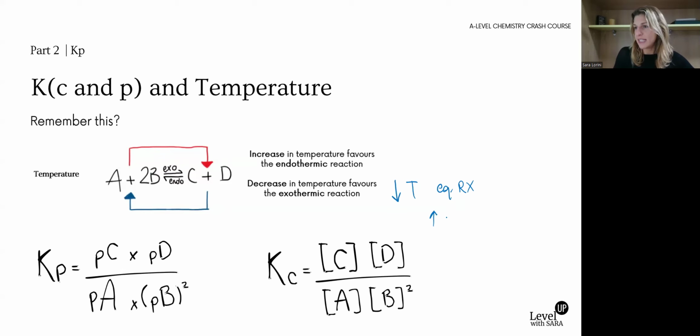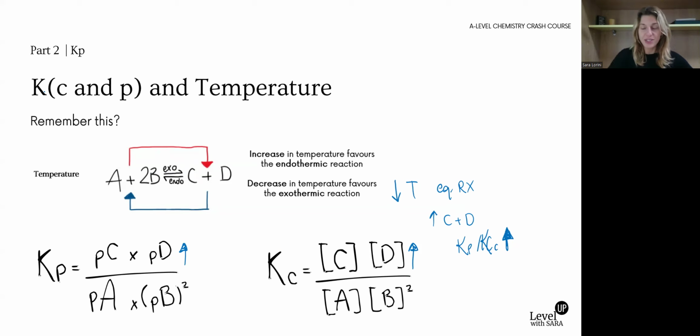That there is an increase in either the pressure or the concentration of C and D, because it shifts to the right. Therefore, what does it increase? The bottom part of our equation. Therefore, Kp or Kc will increase in value. Okay?